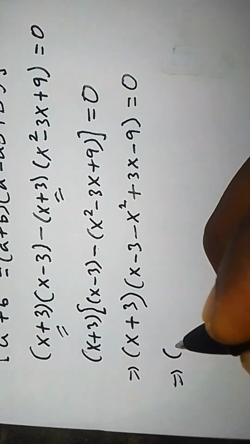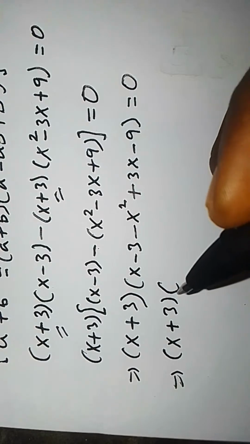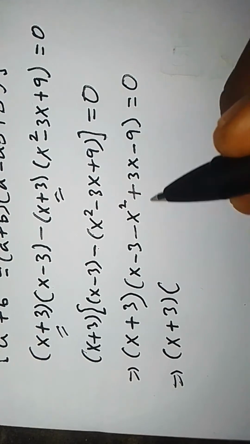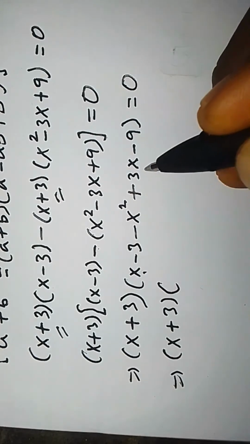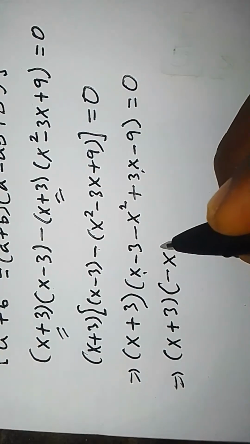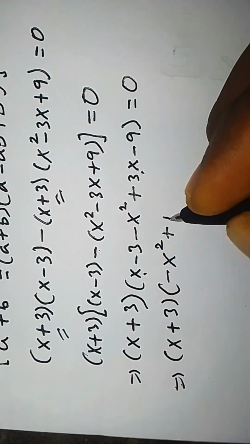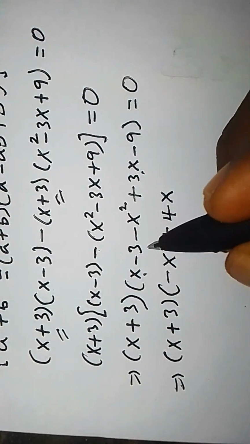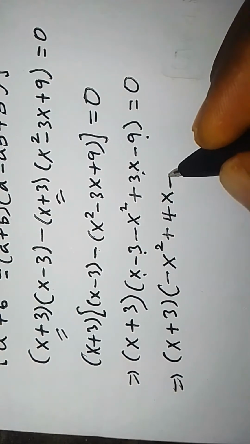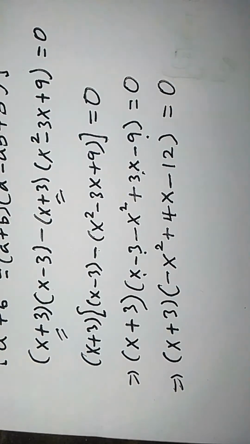This means that x plus 3 times. Now, let's add the common terms. The only common terms here are x and 3x. But first, let us write minus x squared down. x plus 3x, that is 4x. Minus 3 minus 9, that is minus 12, equal to 0.